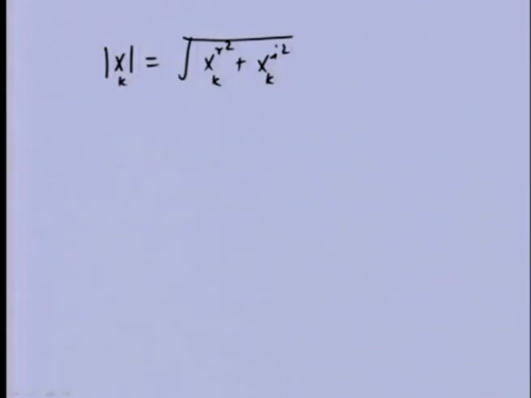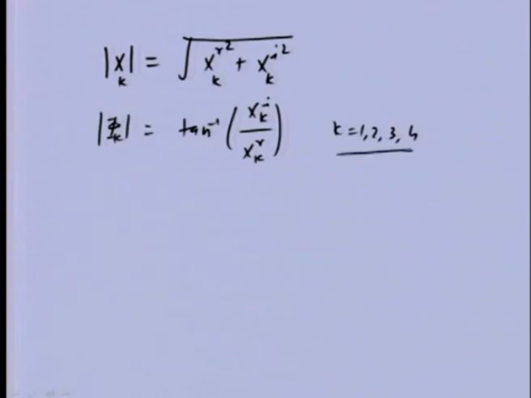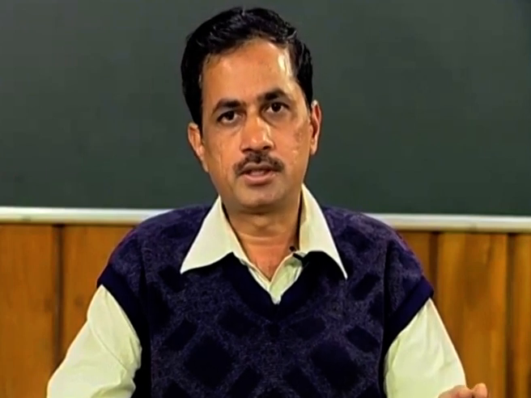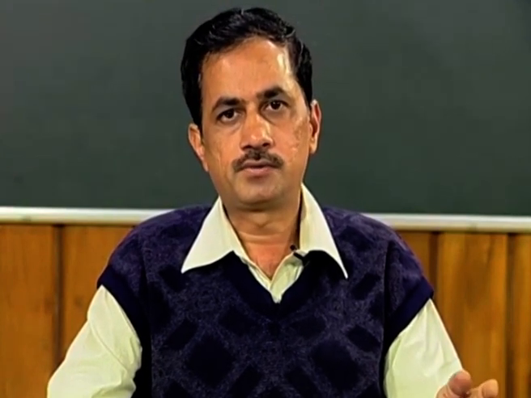And in this particular case, the phase we can get by tan inverse of x k imaginary divided by x k real, where k is again 1, 2, 3, 4. This phase is there for the linear or translatory displacement as well as for the rotational displacement.